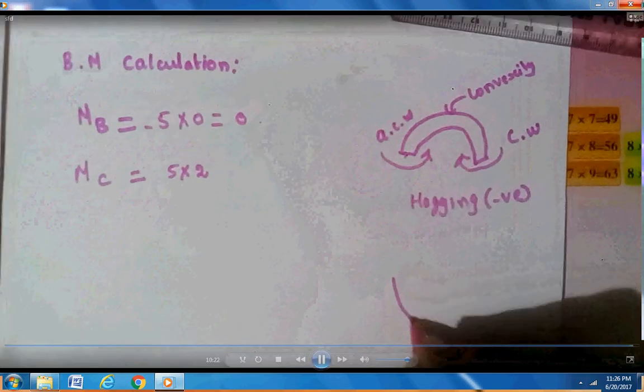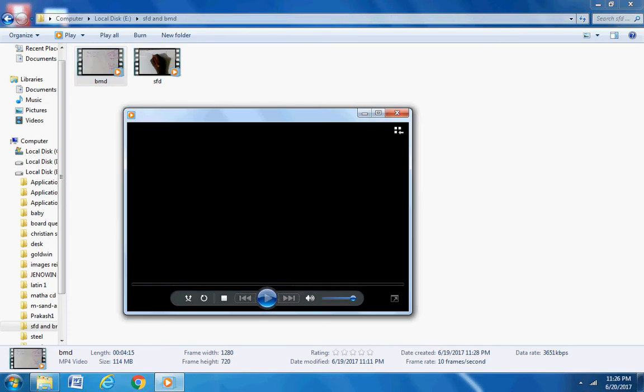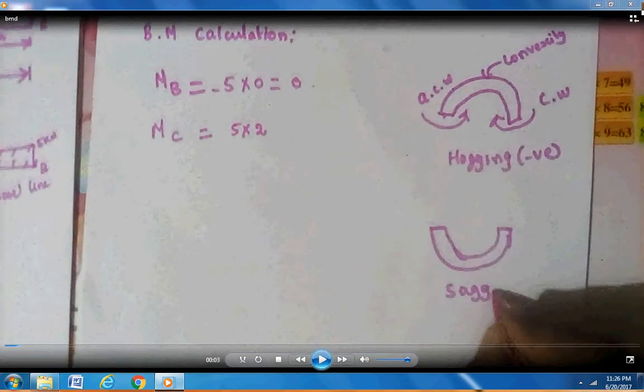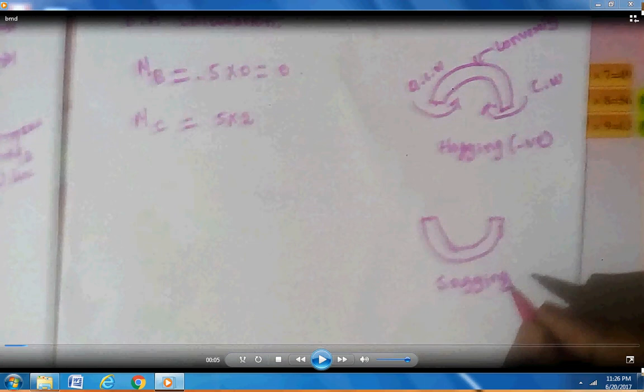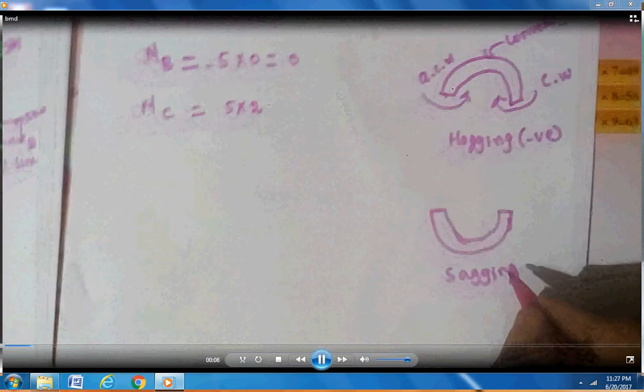Okay, another one, sagging or positive moment. The beam tends to bend in the curvature of concavity upward, that is known as positive bending moment or sagging bending moment.